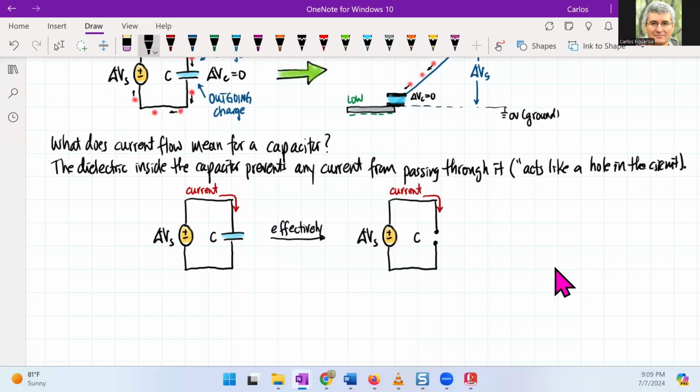That is a hole. In other words, this is a hole in the circuit, where charges cannot jump the gap.